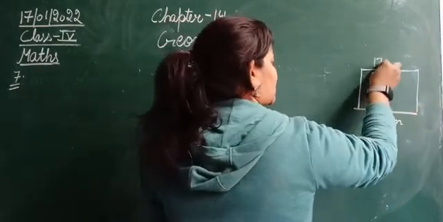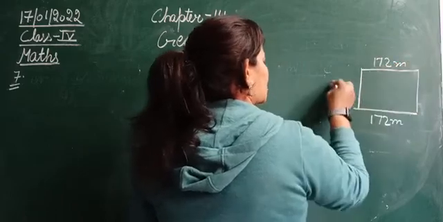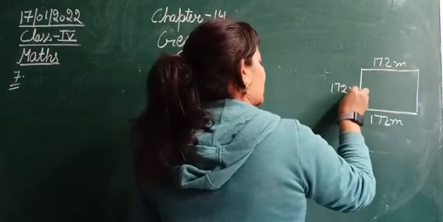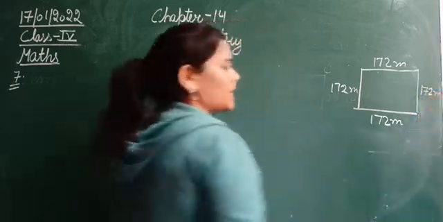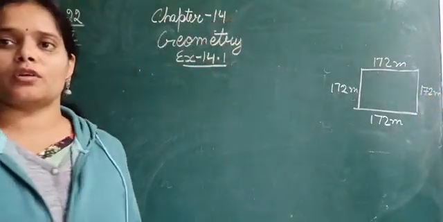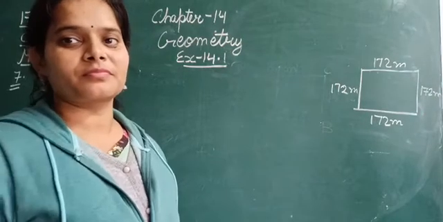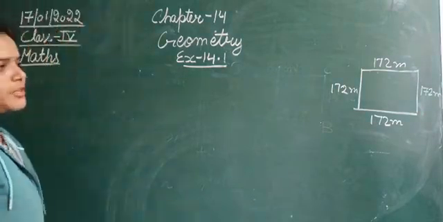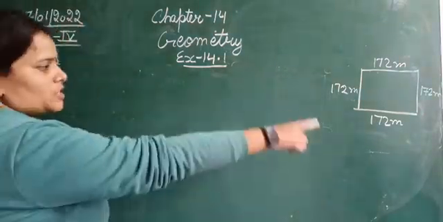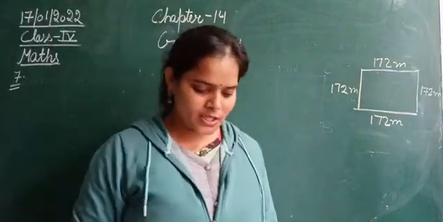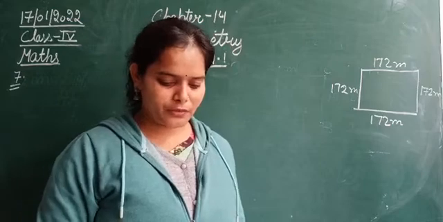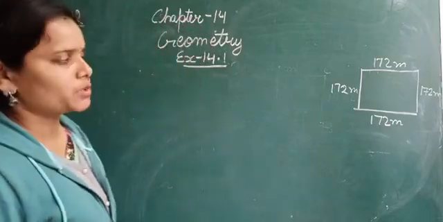One side is 172 and it's a square shape, so all the sides will be 172 meter. If one side is 172, the other 3 will also be 172 only. So this is the measurement of a square ground. Now they told us, how much wire will be needed for fencing around it 2 times.